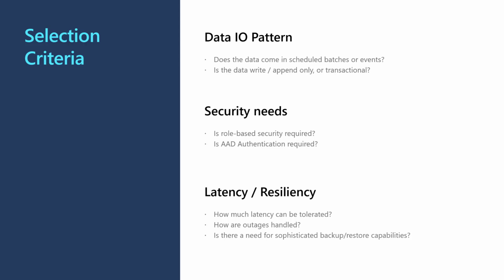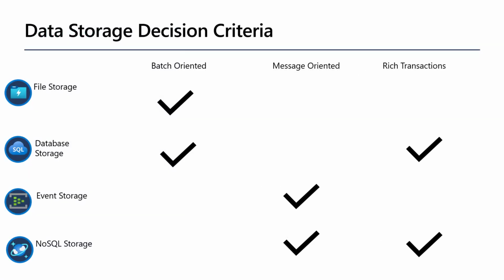So here's another thing to look at. Instead of talking about what the factors you want to consider are, where does each one of these technologies really slot into these I/O patterns versus transactional support, etc.? So what we're looking at here is this general comparison of the aspects of each of the different styles of storage we've talked about, and most importantly, how the decision criteria might impact your selection of each one of these things.